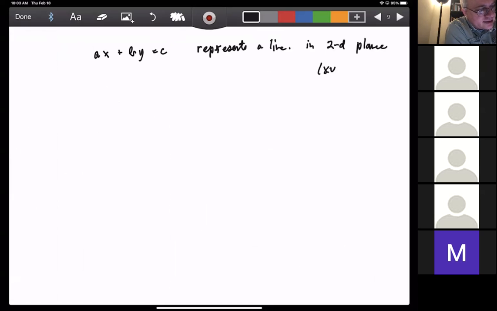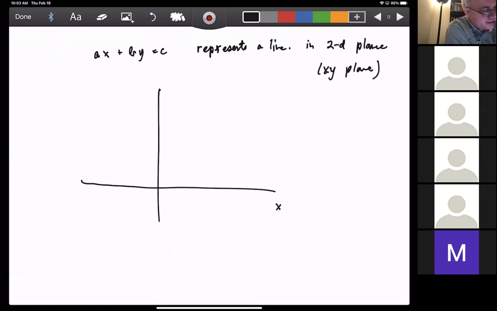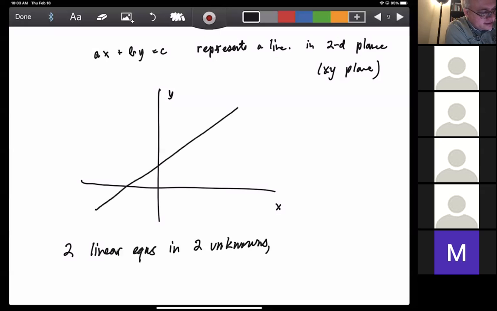Right, so this is the XY plane. If you think about it, when you have a system of two linear equations and two unknowns, what you really have is a line for each of those equations.